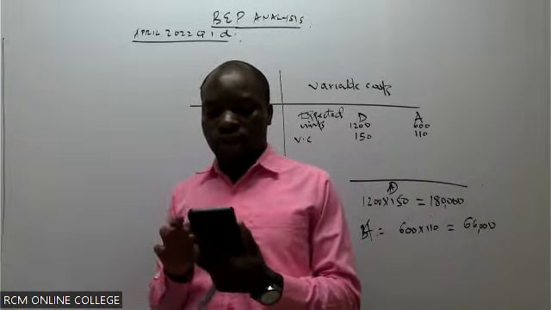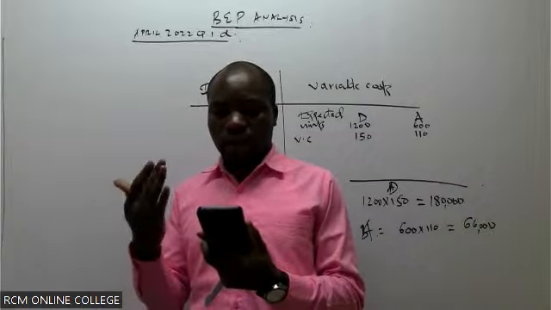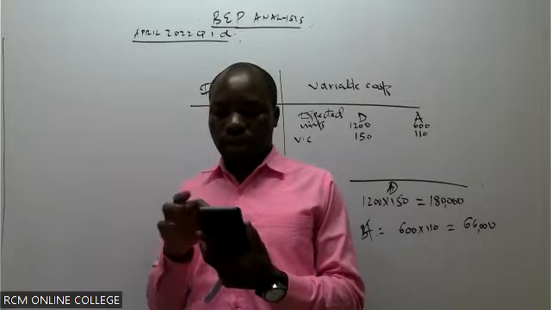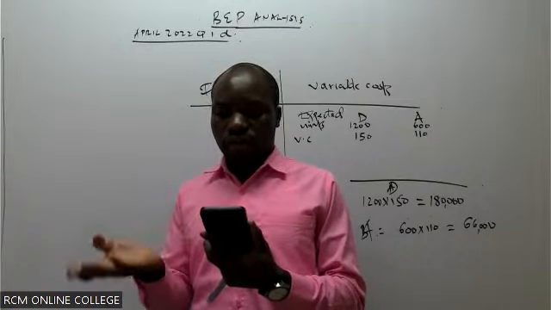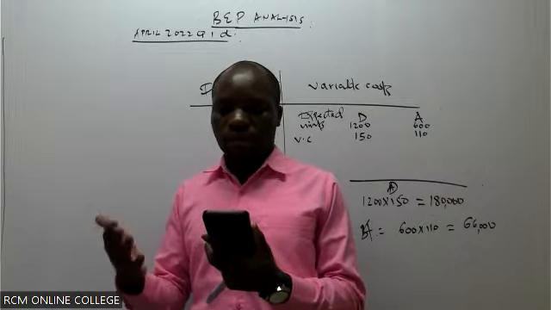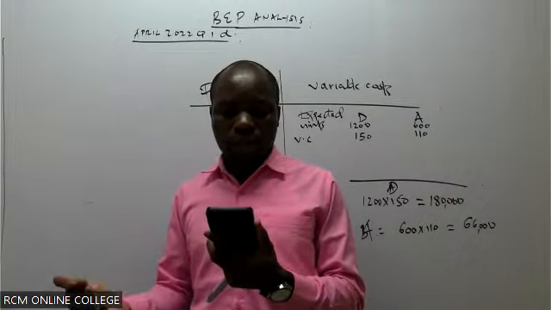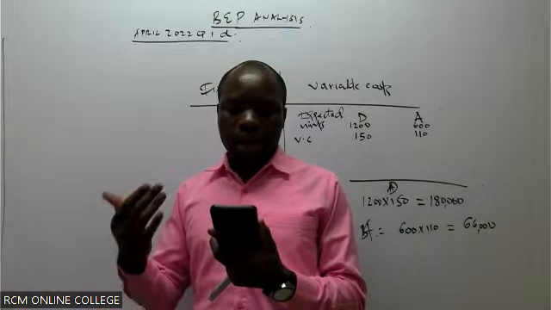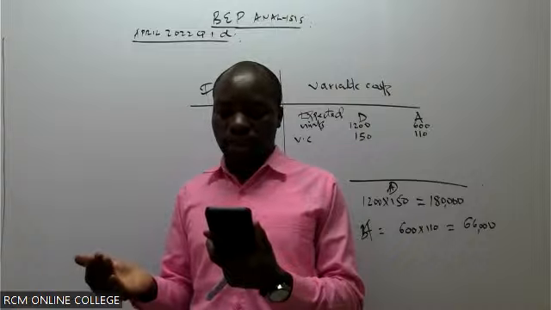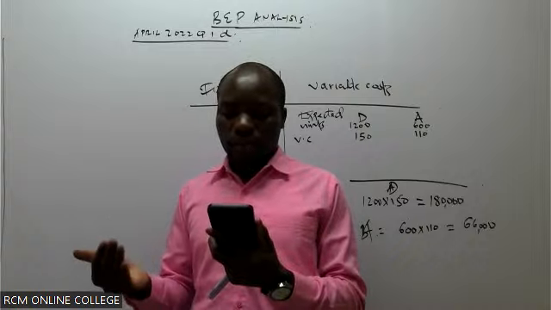So if you look at the totals column, we have 480,000. If you deduct 246, you are having 234,000. That's what we have as the contribution to direct and common fixed costs. Below that, we have direct avoidable fixed costs. These fixed costs can be avoided.